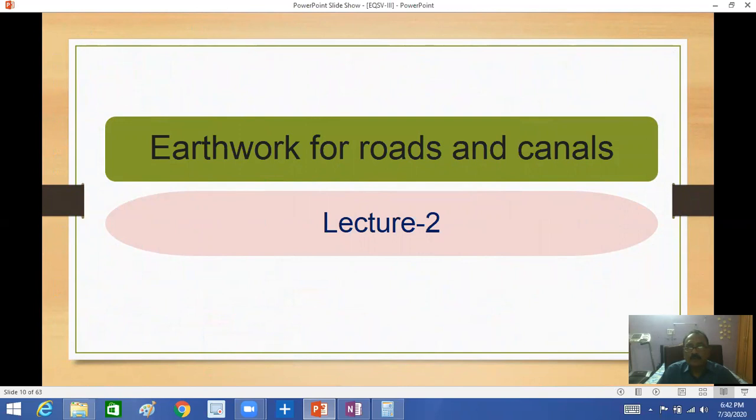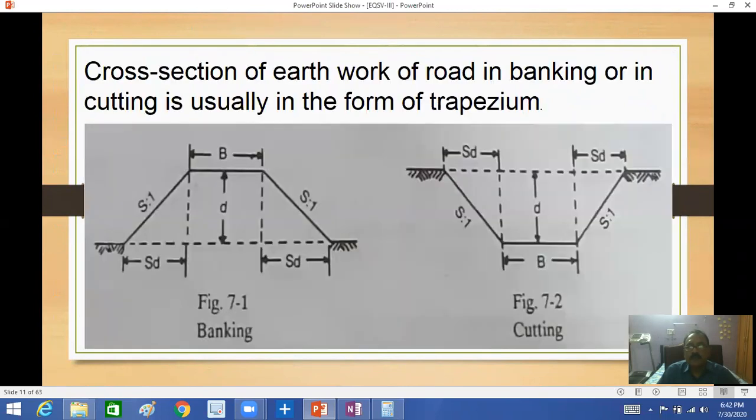Earthwork for roads and canals. In this unit, I explained in the previous video what a canal is, what a road is, how to build a road, and how to construct a canal. Generally the shape is a trapezium.